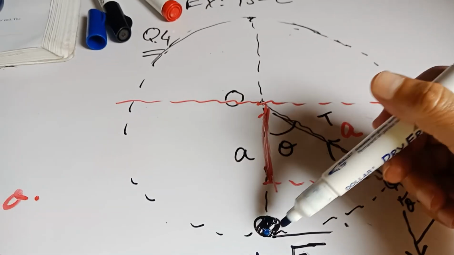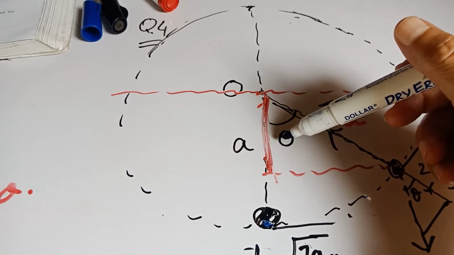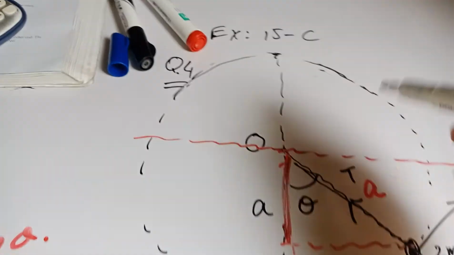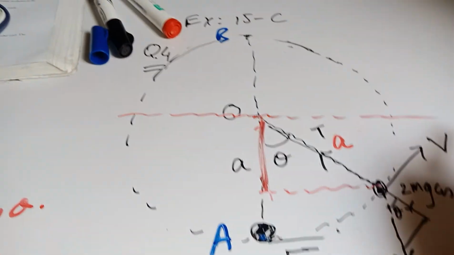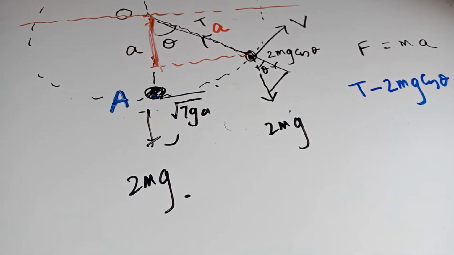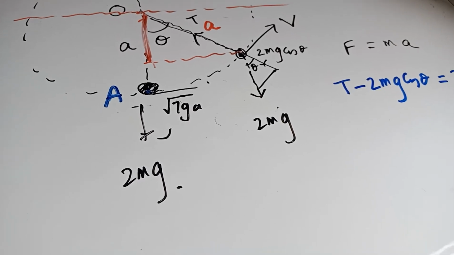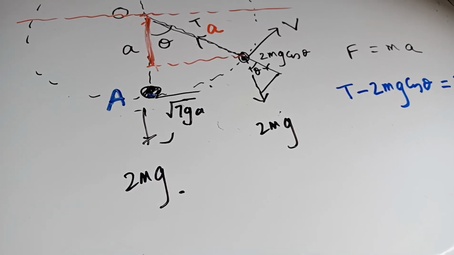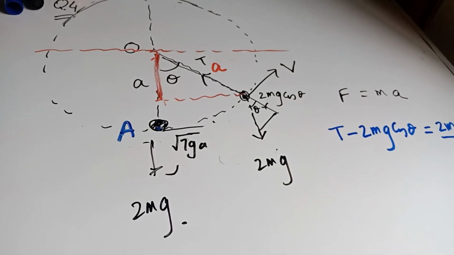When our object is at this level, theta is 0, and let me call this point A and this point B. When the object is at point B, theta is going to be 180. So if we have a relation between T and cos theta, we can put the two different values of theta to determine the two extreme values of T.